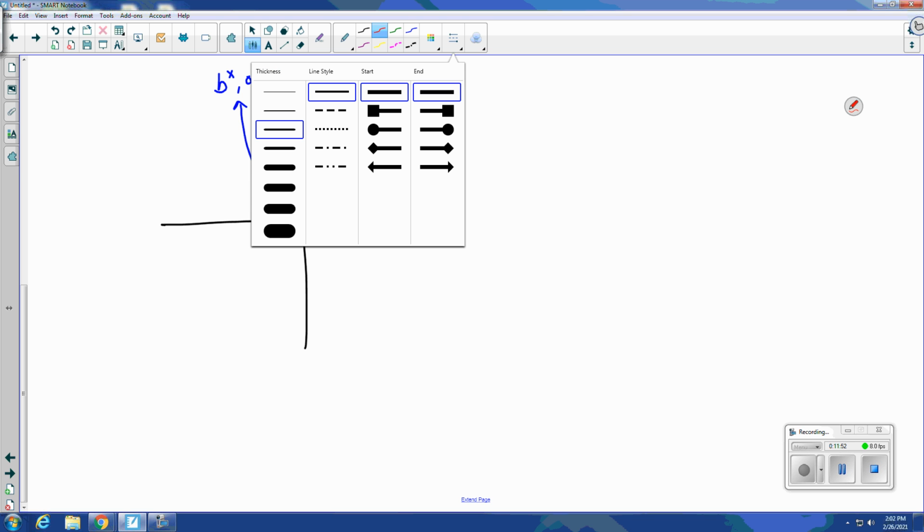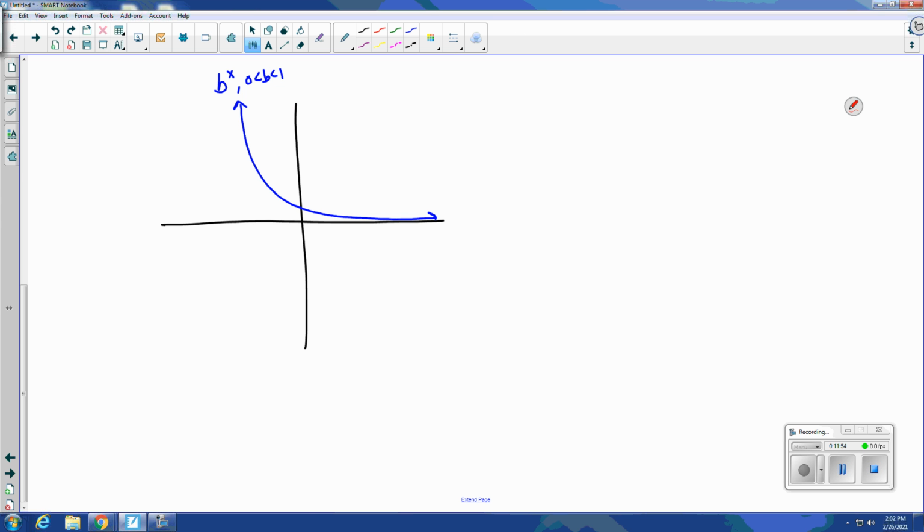Logarithmic decay, knowing that it's a reflection of this over the line y equals x, is going to look something like this. If we were to draw in y equals x right through there, we should see that reflection. This is log base b of x, where b is between 0 and 1. So this is our logarithmic decay.